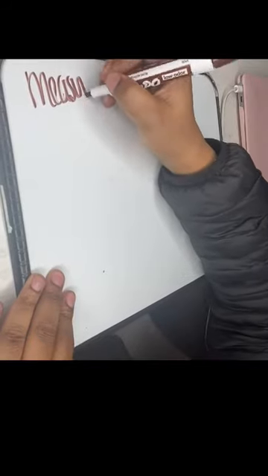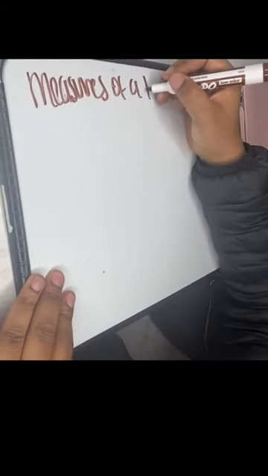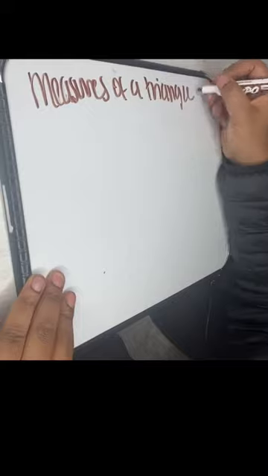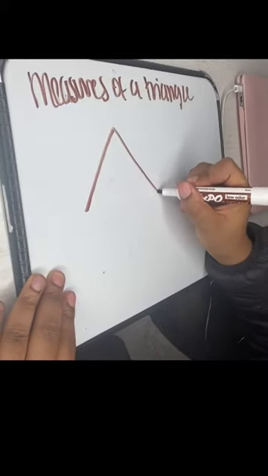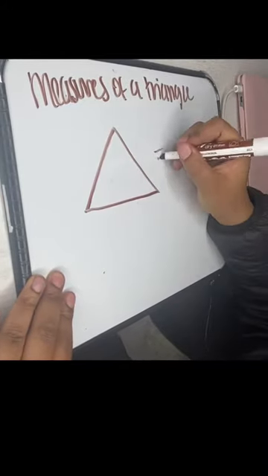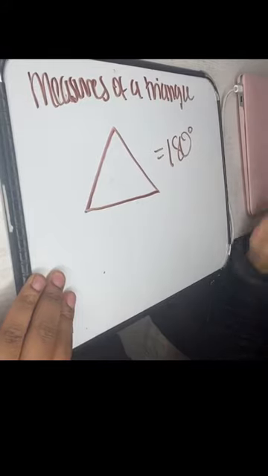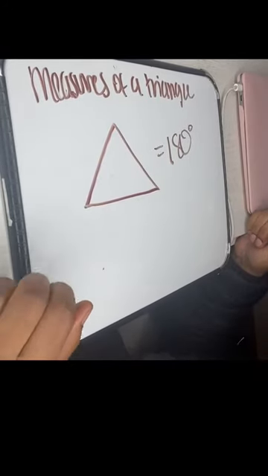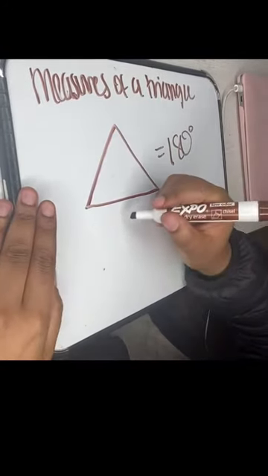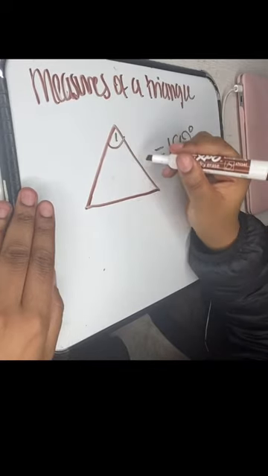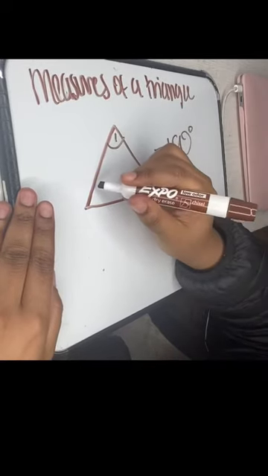Okay, so now we're going to be talking about measures of a triangle. We all know that triangles have to equal 180 degrees. So this is angle 1, this is angle 2, and this is angle 3.